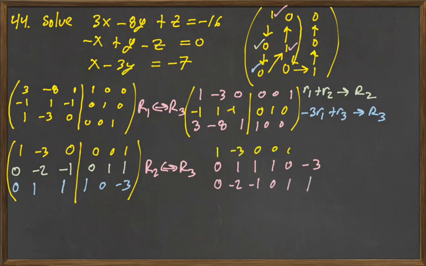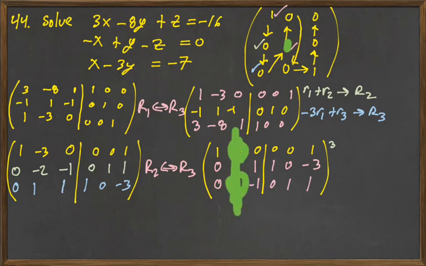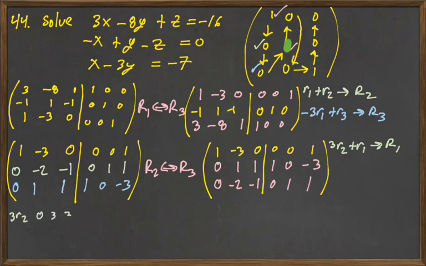So row 1 is unaffected here. Okay, so now we have the 1 there. So we would like to make a 0 here and here. They are in column 2, so we want to use row 2. The opposite of negative 3 is positive 3, so we'll do positive 3, row 2 plus row 1, replace row 1. So 3 row 2 will be 0, 3, 3, 3, 0, minus 9.